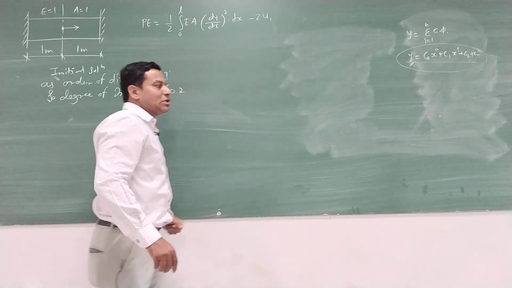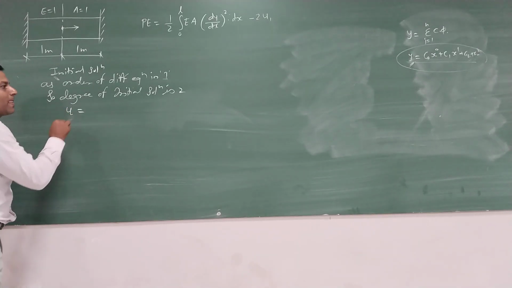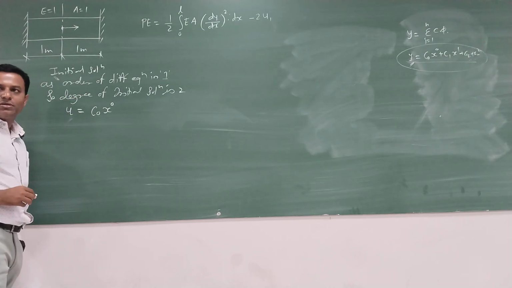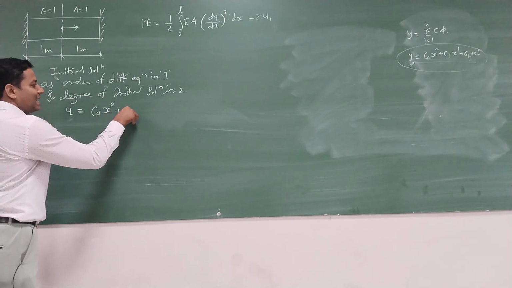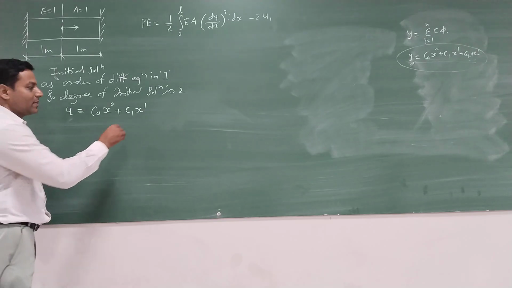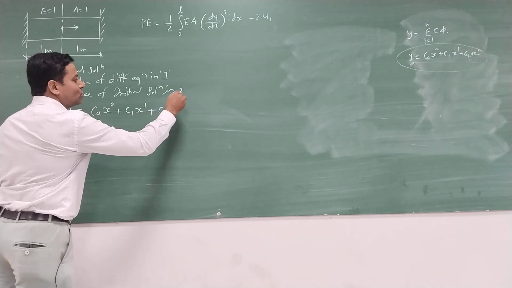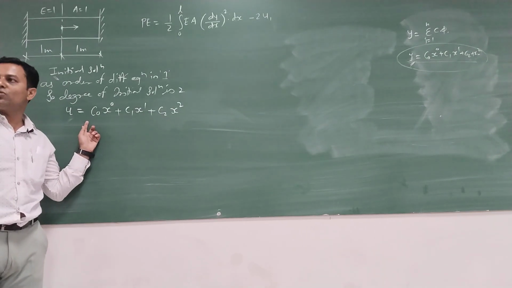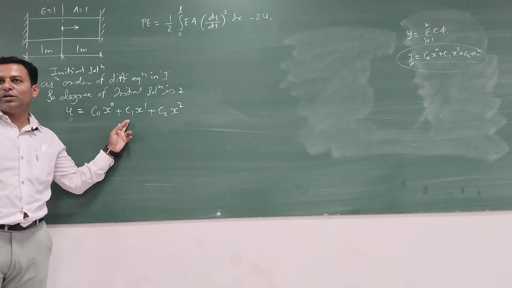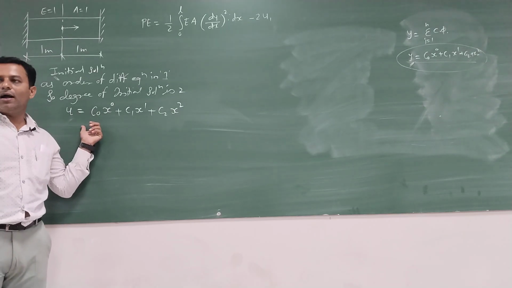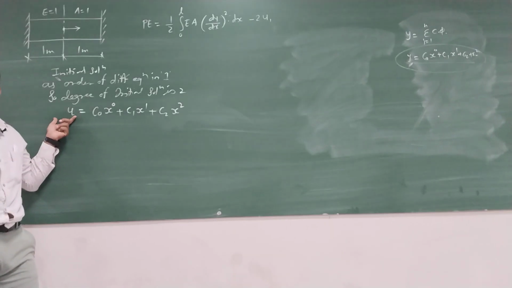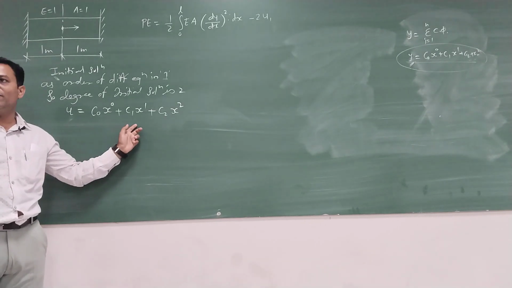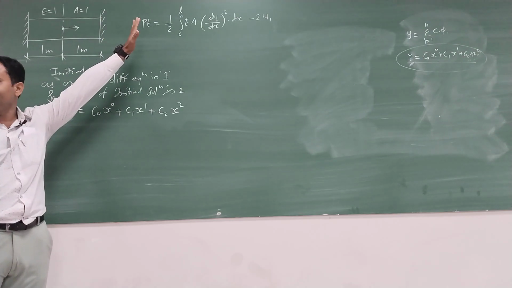So I will write the initial solution. U is equal to C naught x raised to 0 plus C1 x raised to 1 plus C2 x raised to 2. Here we will have to determine the values of C0, C1, C2. Ultimately, you will get the equation of u, and by using that equation we are going to solve this.